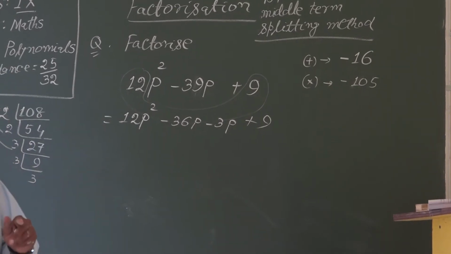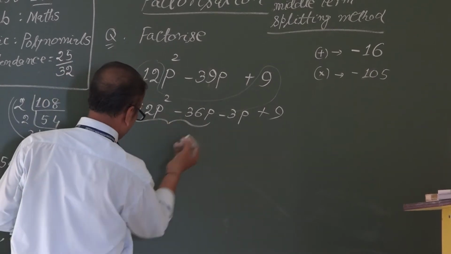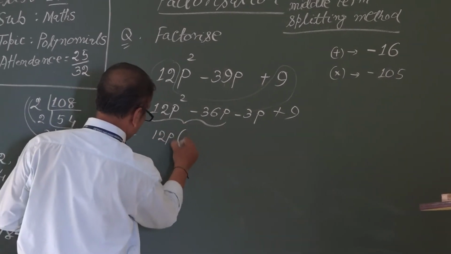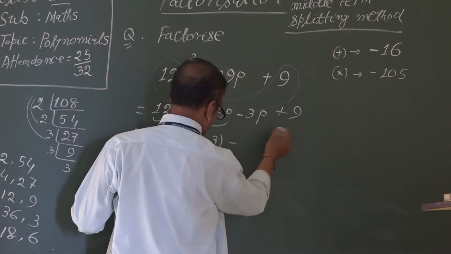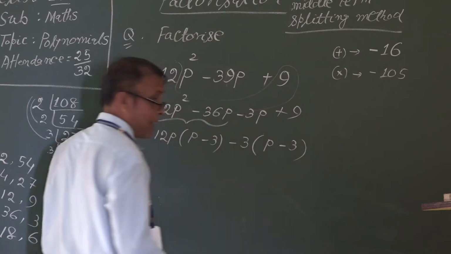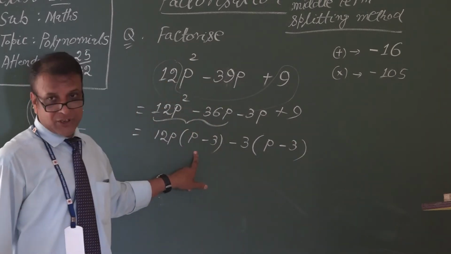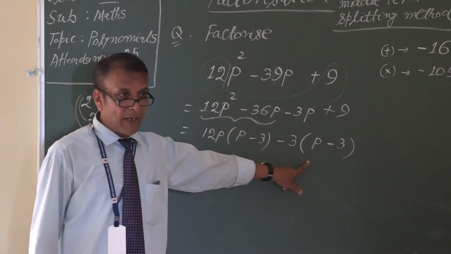Then you make the group, बना के करते हैं। So here from this group you take common 12p, so it is p minus 3. Then from this group you take common 3, so it is p minus 3. Remember that this first term must be equal to this one always.